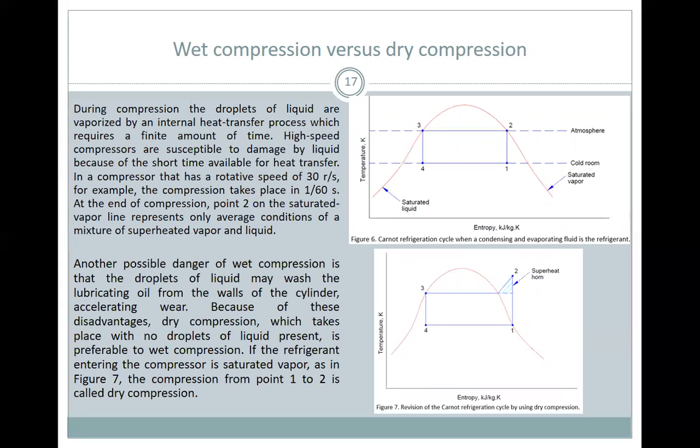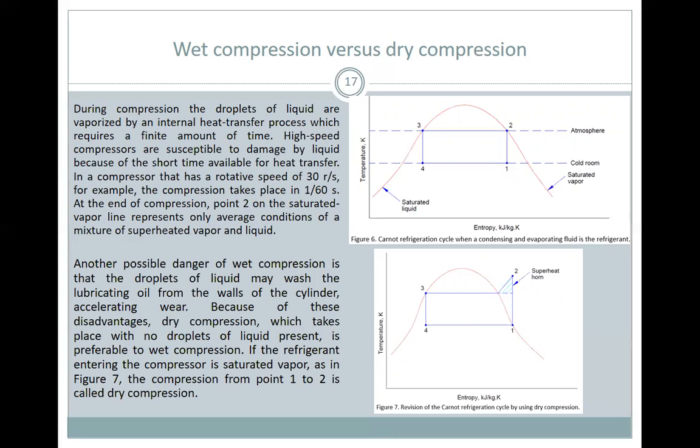So, during compression, the droplets of liquid are vaporized by an internal heat transfer process which requires a finite amount of time. High-speed compressors are susceptible to damage by liquid because of the short time available for heat transfer. In a compressor that has a rotative speed of 30 revolutions per second, for example, compression takes place in 1/60 seconds.